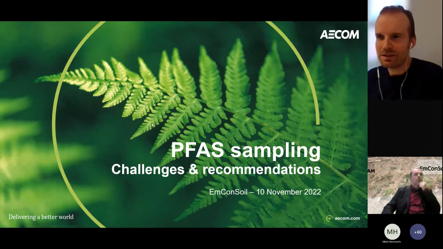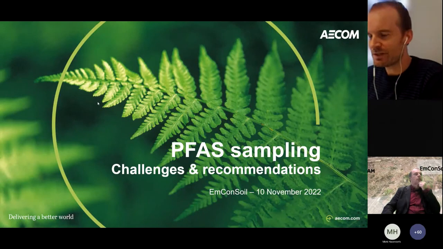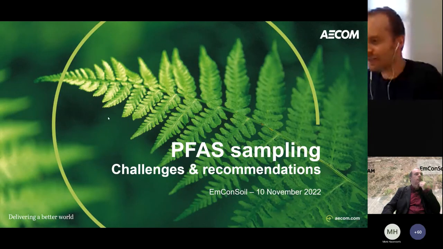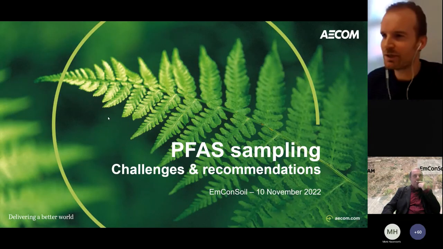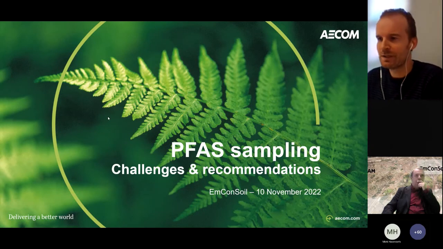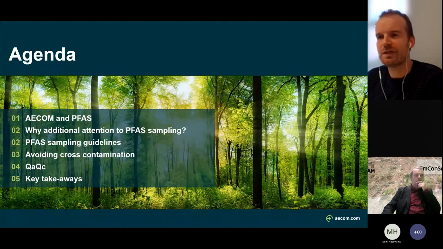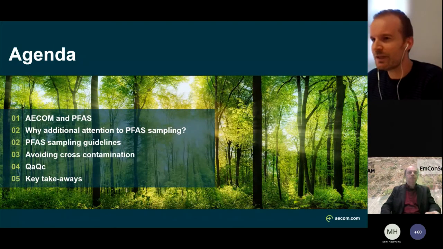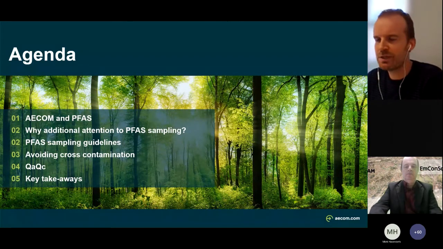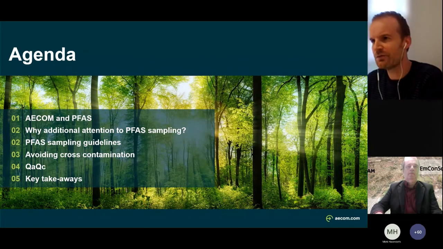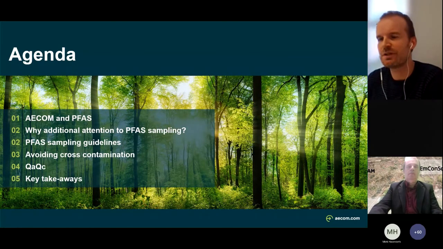So we were invited to talk about PFAS sampling, mainly the challenges and recommendations sampling on these type of compounds. Our agenda will start with a very brief insight in AECOM and our expertise in PFAS, and why these additional attention or these additional requirements are needed for PFAS specifically.